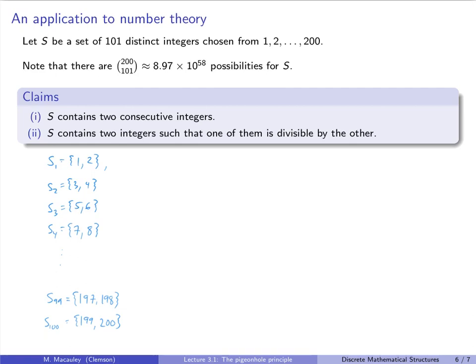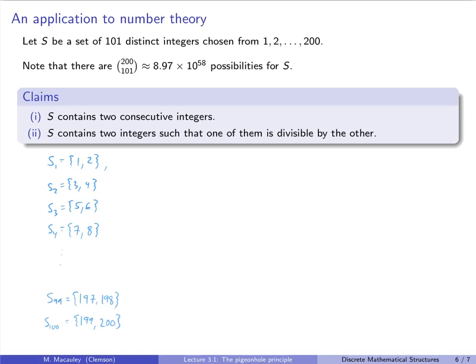So I have partitioned these 200 numbers into 100 sets, and S is a set that contains 101 distinct integers. So think of these as the pigeonholes and S as the pigeons.